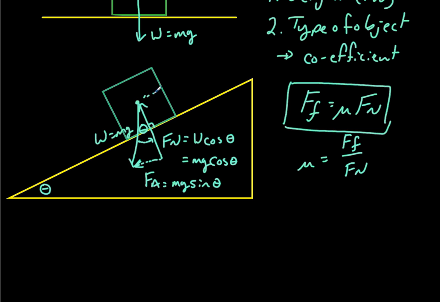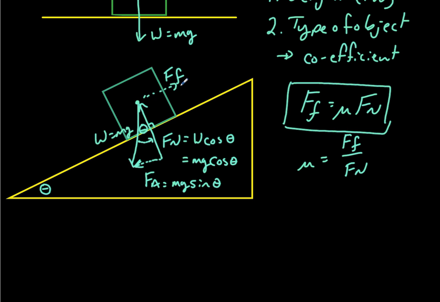As an object tends to slide down the plane, there is a counteracting frictional force essentially working against Fa. If the force of friction is large enough, the object will stay stationary. And remember, it's reactive, so it'll exactly equal whatever Fa is until Fa gets large enough that the force of friction can no longer counteract it, and the object will start to slide.